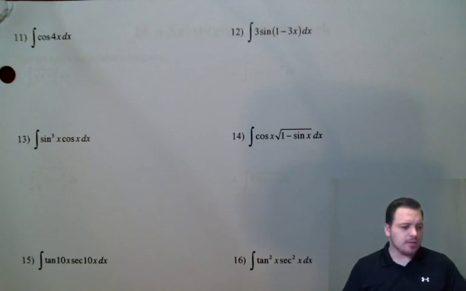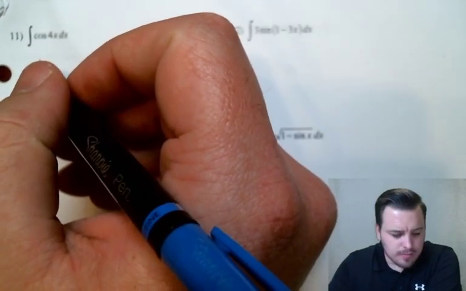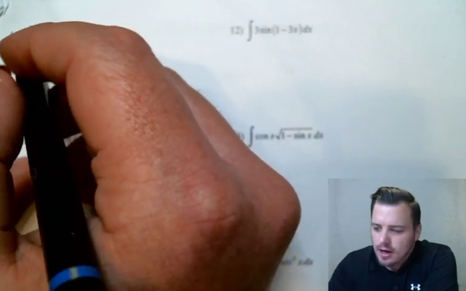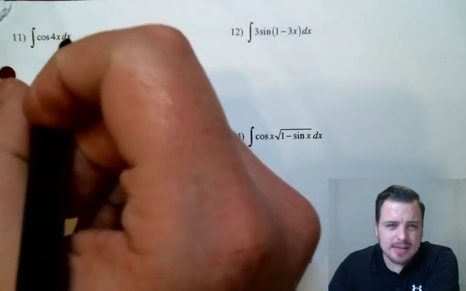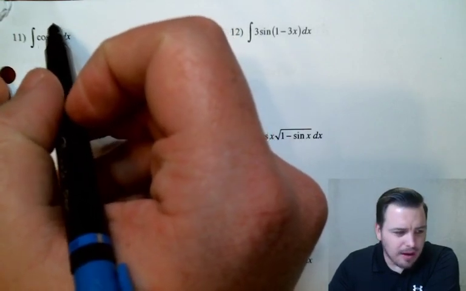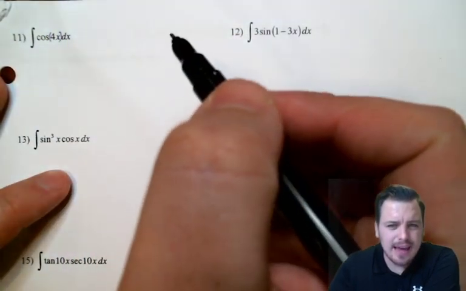All right. So number 11, the integral of cosine of 4x dx. Hey, Alex, glad to see you're here too. Looking at this, it wants the antiderivative of cosine of 4x. So think about 4x being our u, like being in parentheses. It's the angle, right?